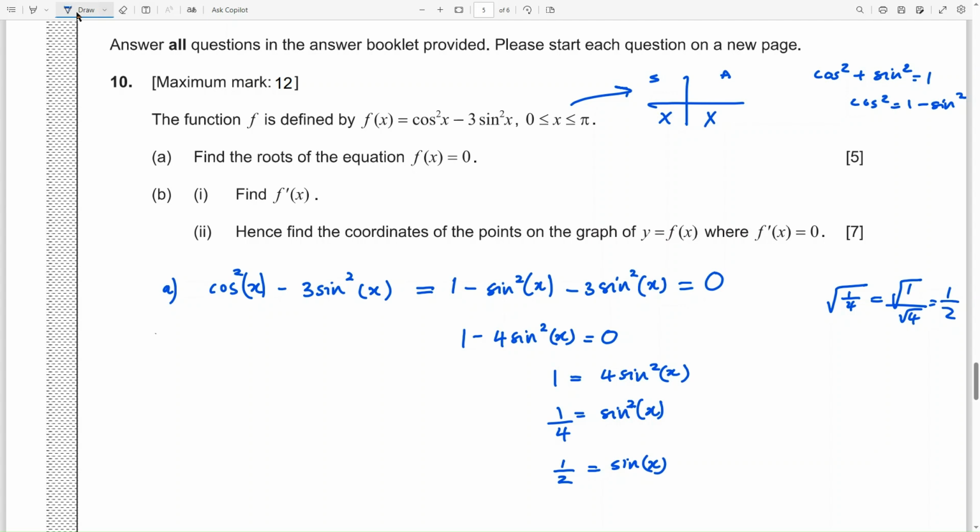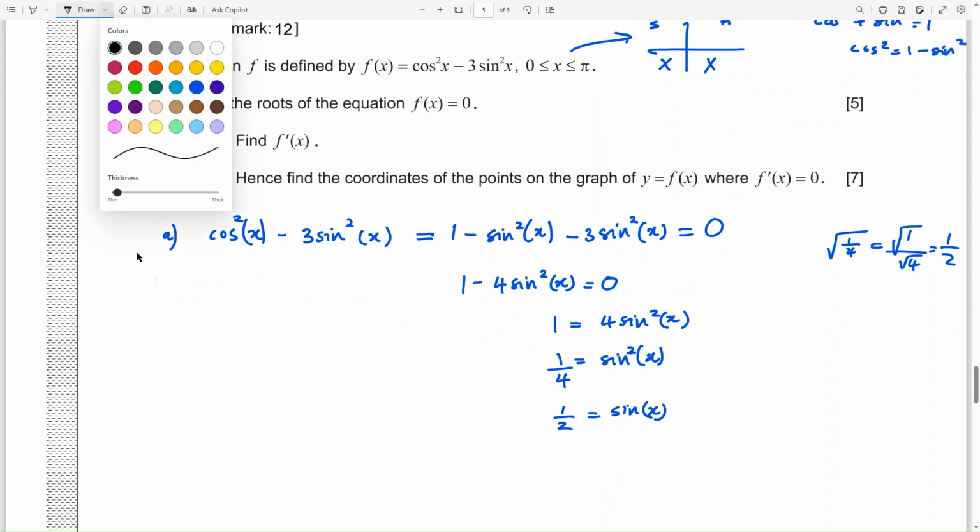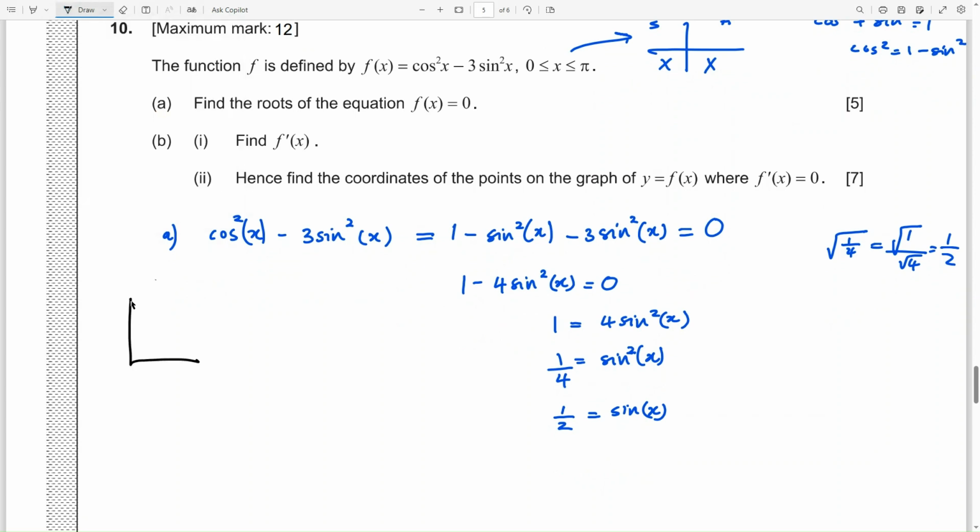Okay, so when is sine positive half? Yes, we can use the triangle that I was talking about earlier. You really don't have to memorize the triangle. You could memorize the values, but it's up to you. There we go. This is 1, this is 2. That's all we need really right now because we want half.